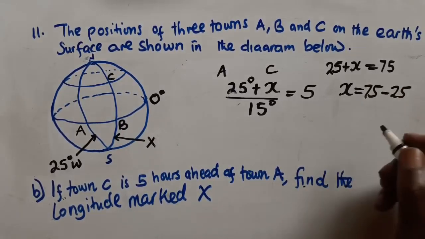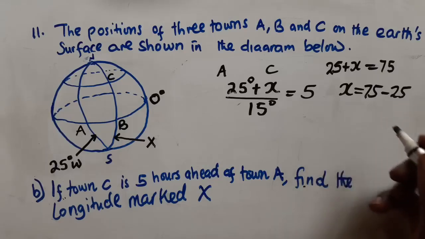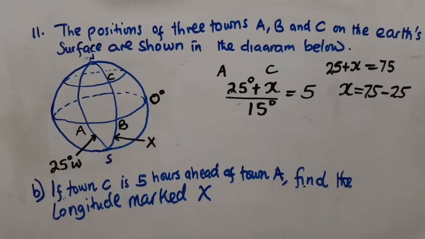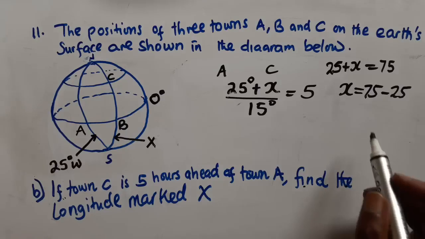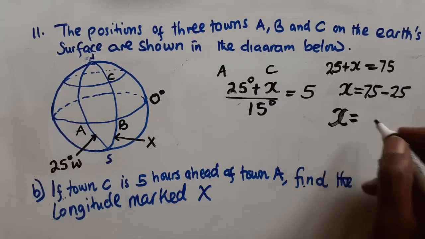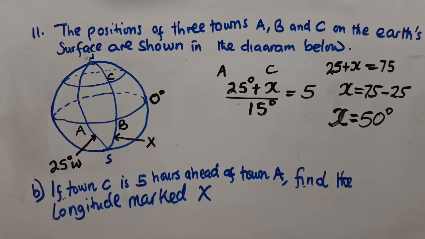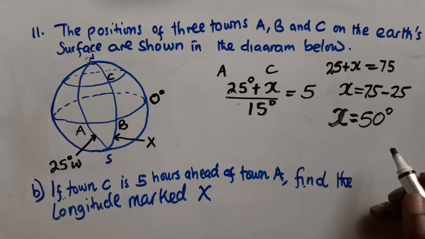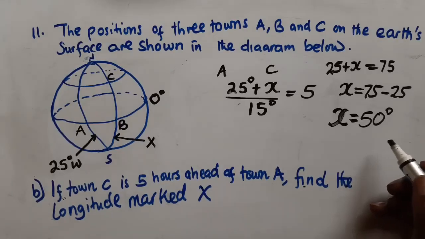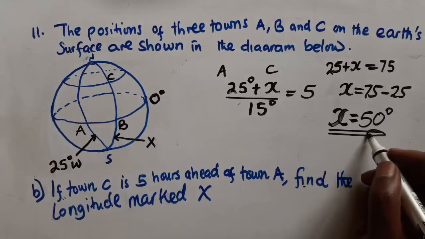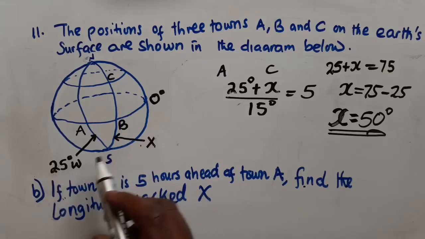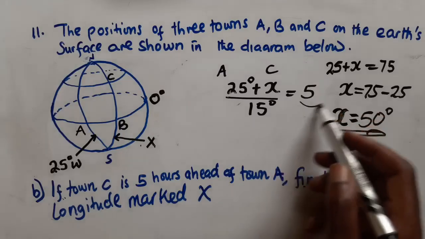What are you going to get? So x is equal to 50 degrees. This is what is going to be our answer. I hope you are following. So if you add this and that, you get 75. 75 divided by 15, you get 5.